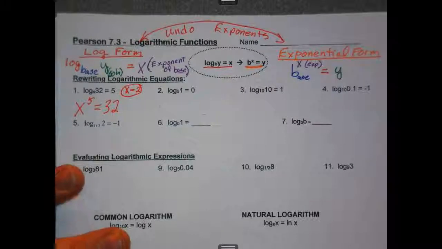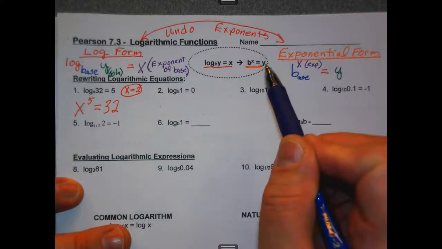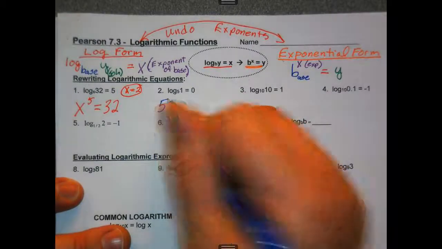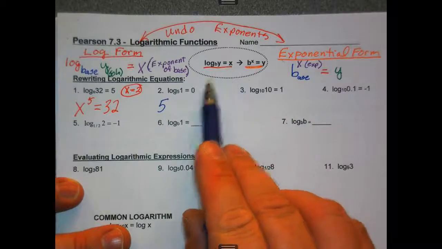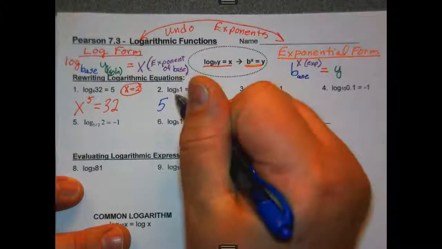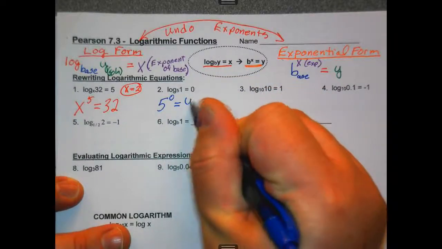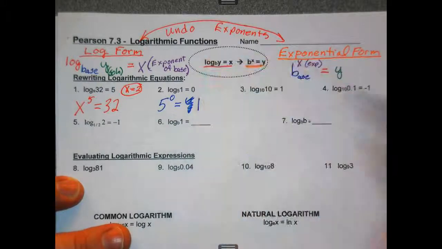Okay. Number 2. What's my base? We're going to change this into exponential form. What's my exponent? 0. And what's my y? 1.